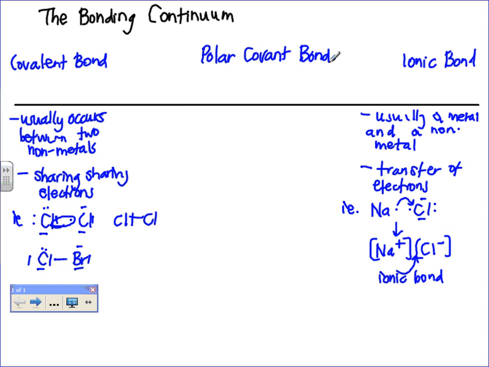And in a polar covalent bond, the electrons are being shared, so it's still considered covalent. But rather than being shared equally, they're being shared unevenly.